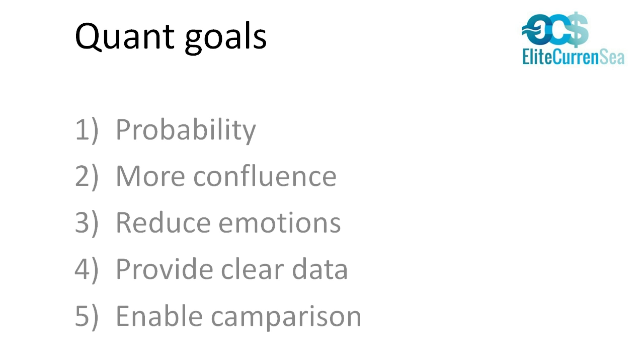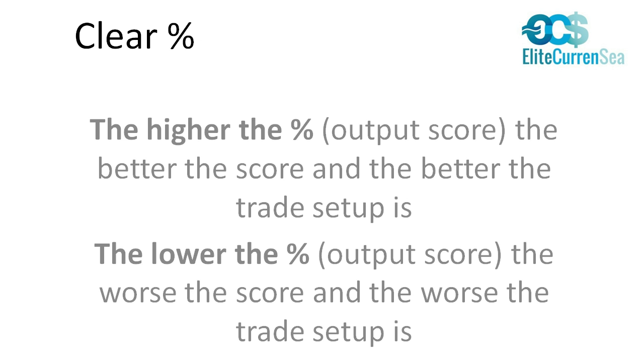Furthermore, Quant provides a very clear data point, one single point where basically the indication is given of a score, a percentage. And with having percentages, we can also, of course, enable comparisons between setups much easier than without that percentage.